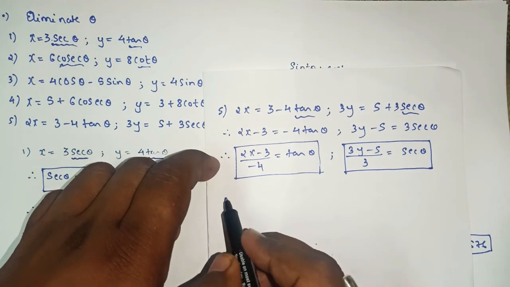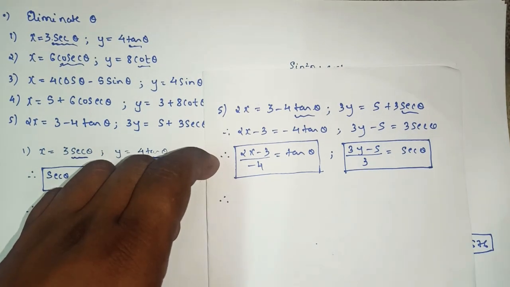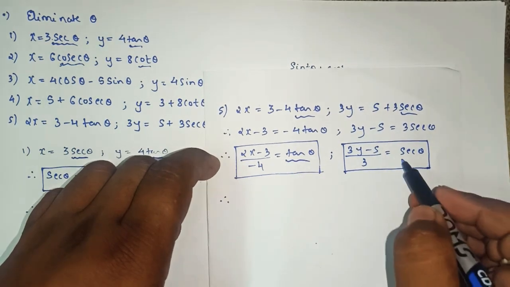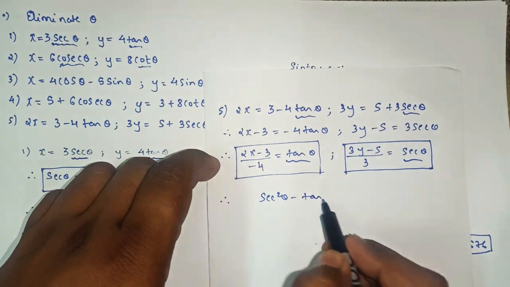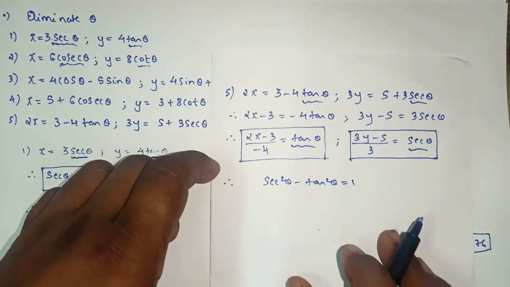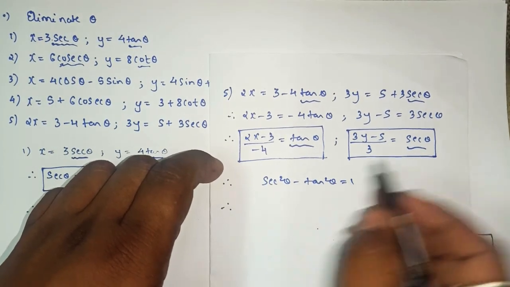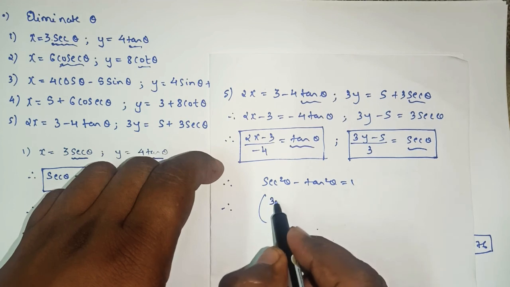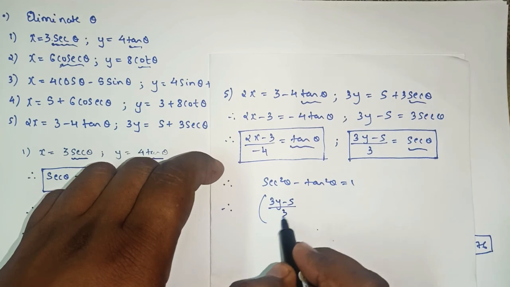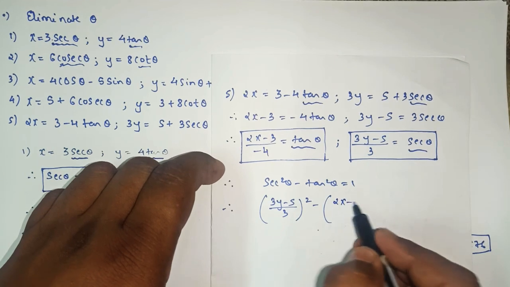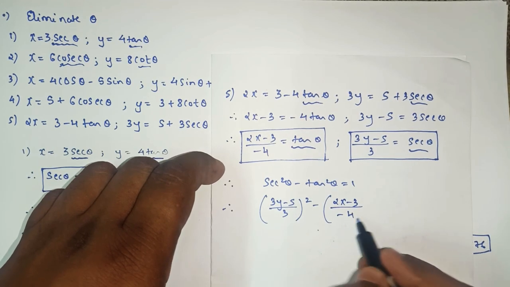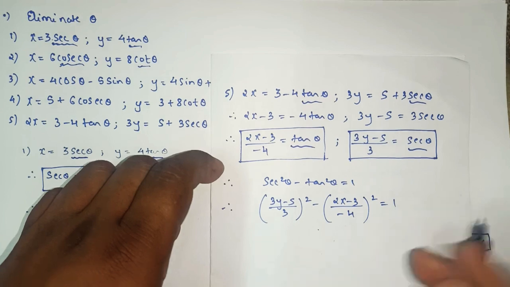Okay, so therefore here we have one relation between sec and tan. It is what, sec square theta minus tan square theta equals 1. So therefore sec value is what, 3y minus 5 upon 3 the whole square, and tan value is what, 2x minus 3 upon minus 4 the whole square, equals 1.